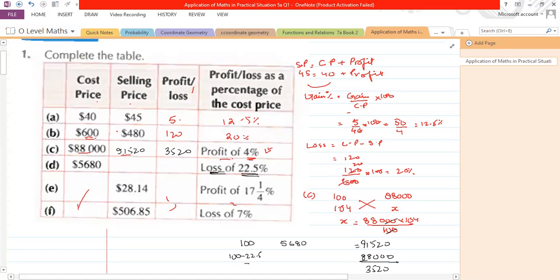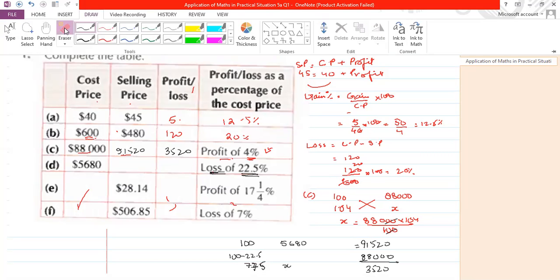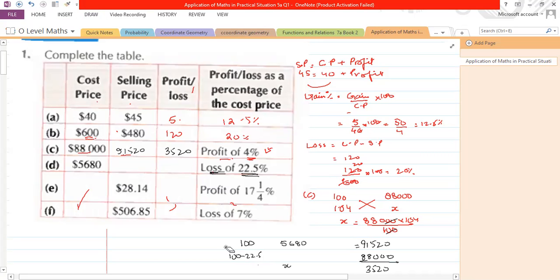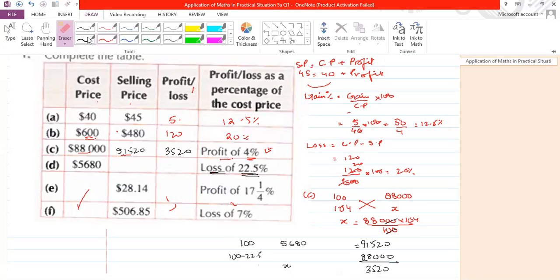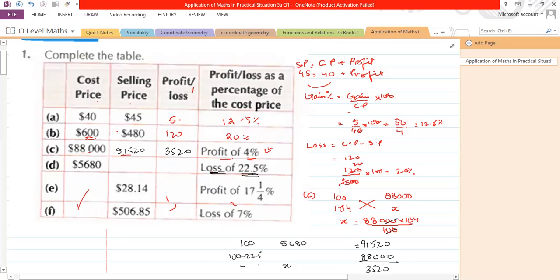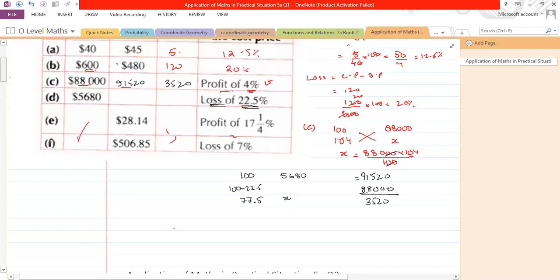So how much was remaining? 77.5 was remaining. So it was sold at 77.5, right? So 77.5 we have to calculate.